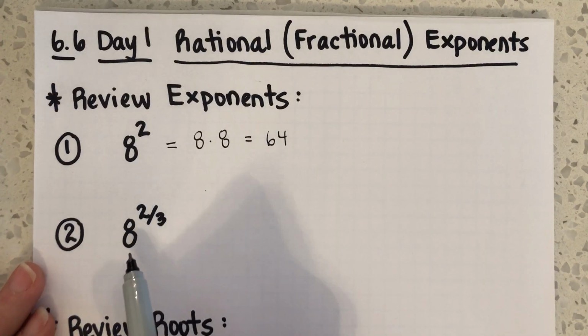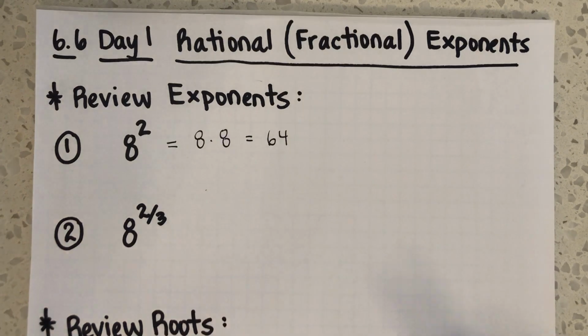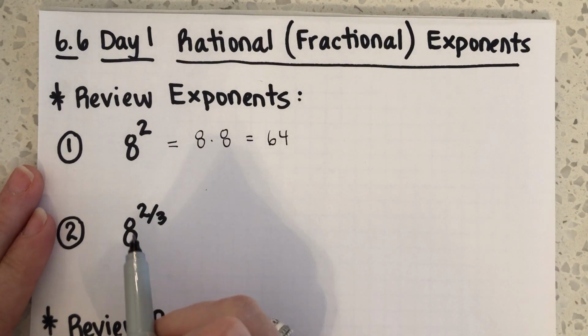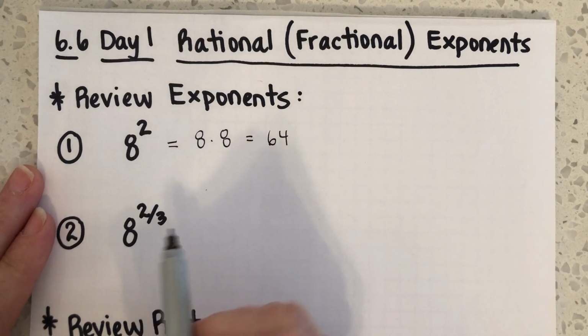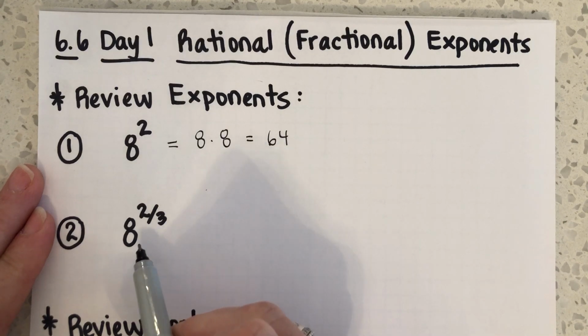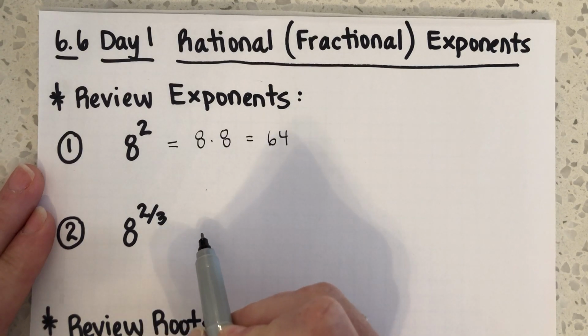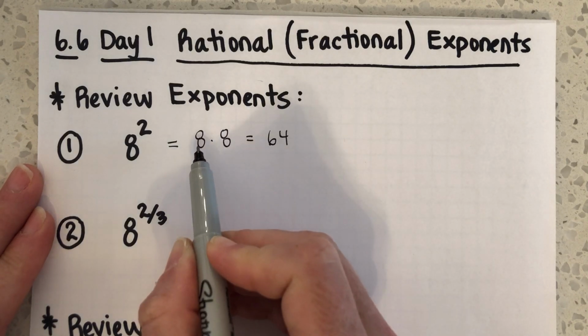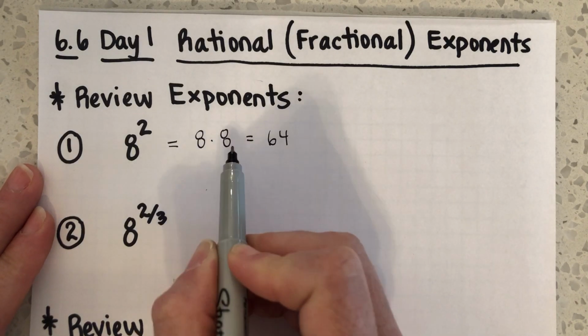So if I asked you, what is 8 to the 2/3 power? Well, that should raise a question mark, because the exponent is going to tell you how many times to multiply 8 by itself. Well, how do I multiply 8 by itself a fractional number of times? Like, I had to multiply 8 by itself twice, 8 times 8.